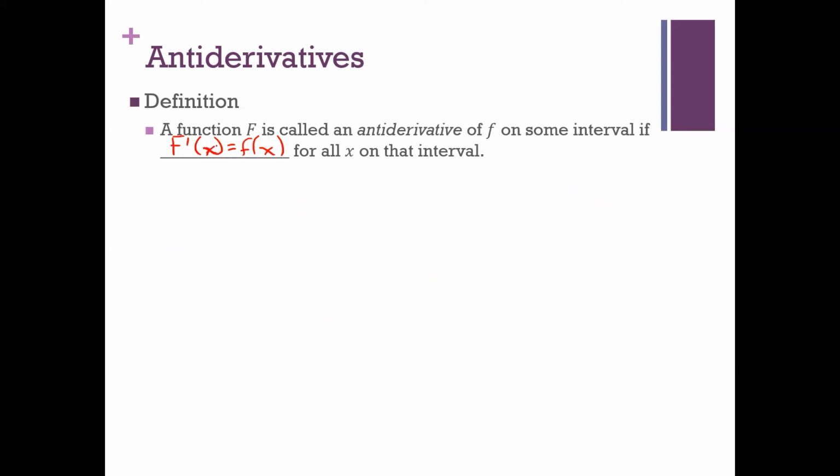Just like when I put a prime next to a function, it has a very specific meaning about how it's related to some other function, capital letters are kind of the same way. If I call a function capital F, it is the antiderivative of something specific.